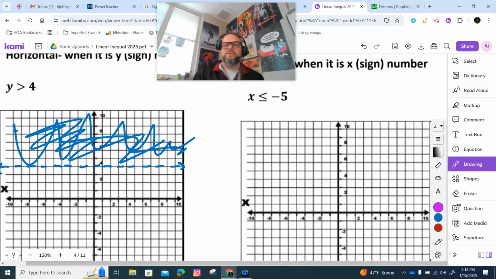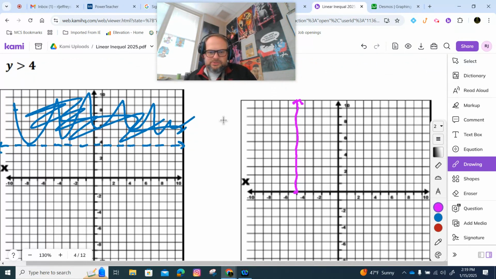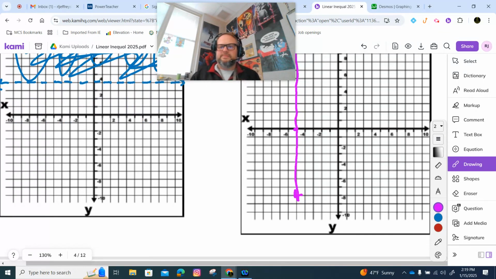All right, so let's go to negative 5. 1, negative 2, negative 3, negative 4, negative 5. All right, here we are, negative 5. All right, is this going to be a solid or dotted line? Solid. And I draw a straight line about as straight as not right.